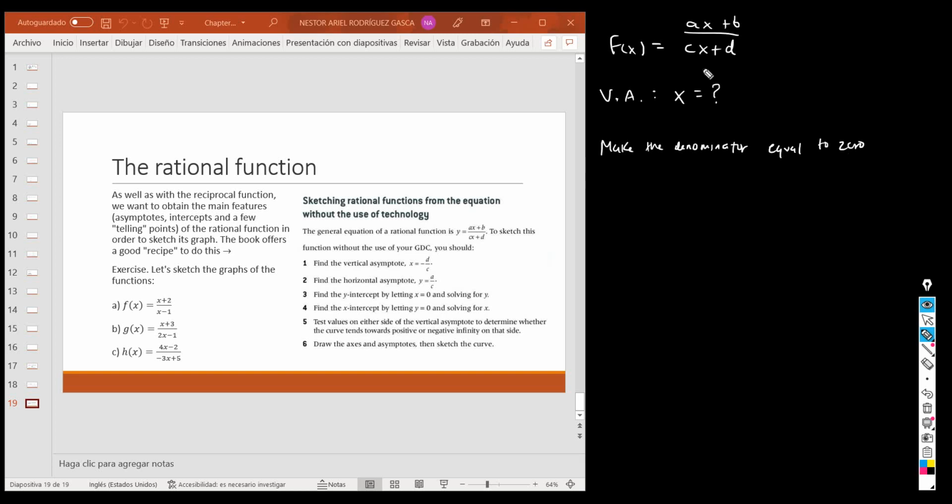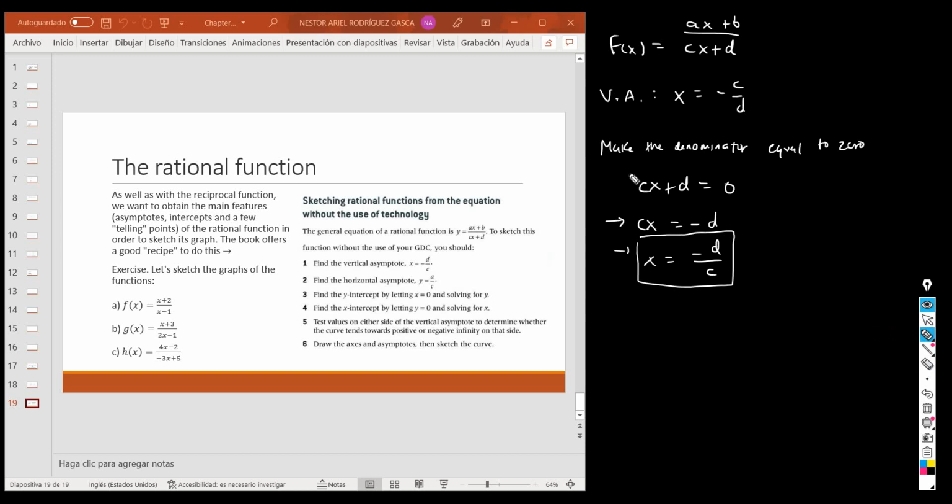Okay, so cx plus d equals 0, and then we solve this equation, right? And if you solve this equation, you're gonna get cx equals minus d, and then x equals minus d over c. So this is the vertical asymptote.